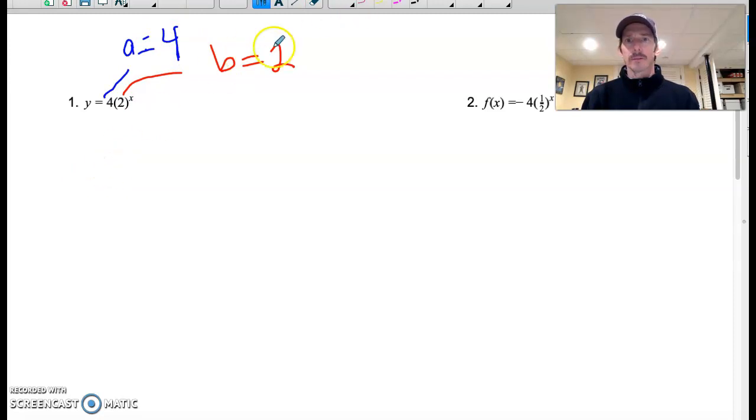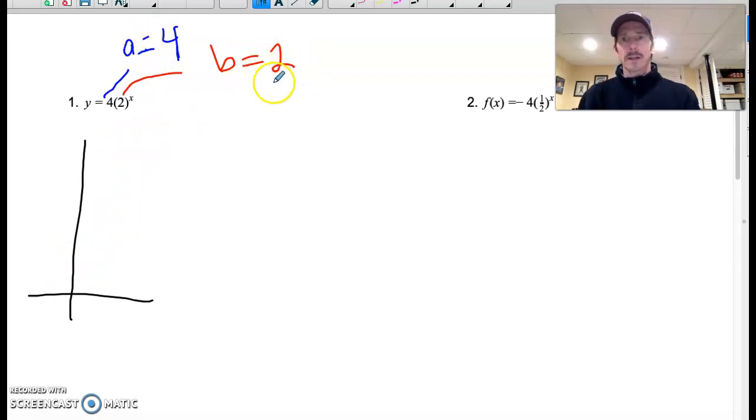So when I am looking at graphing this thing, what I know for sure is because it's positive, I'm going to be up here, and if it were negative, I would be reflected down here. So I'm going to be up here. It's positive, so it means I'm going to be stretching it up. B is 2, so that's my base, and basically I'm going to increase my powers of 2 each time I plug in a new value for x.